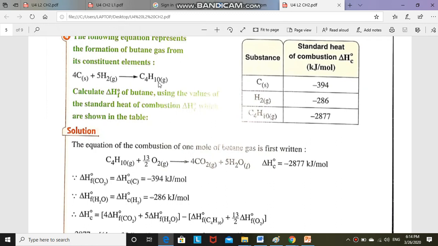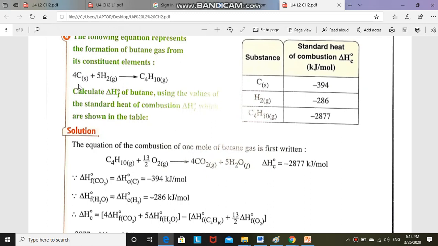Suppose that we didn't have any standard heat for this example. What shall we do? First we replace the 4 carbon atoms by 4 moles of carbon dioxide.